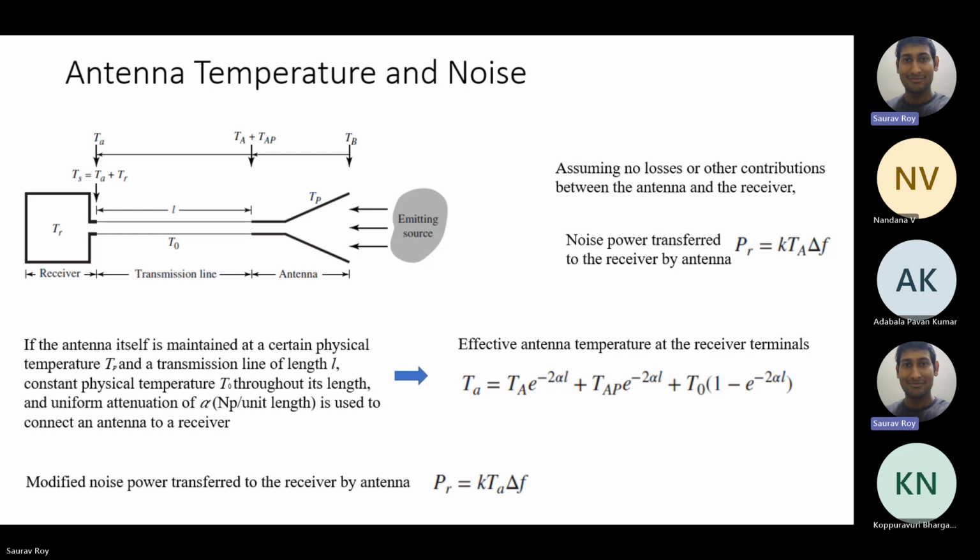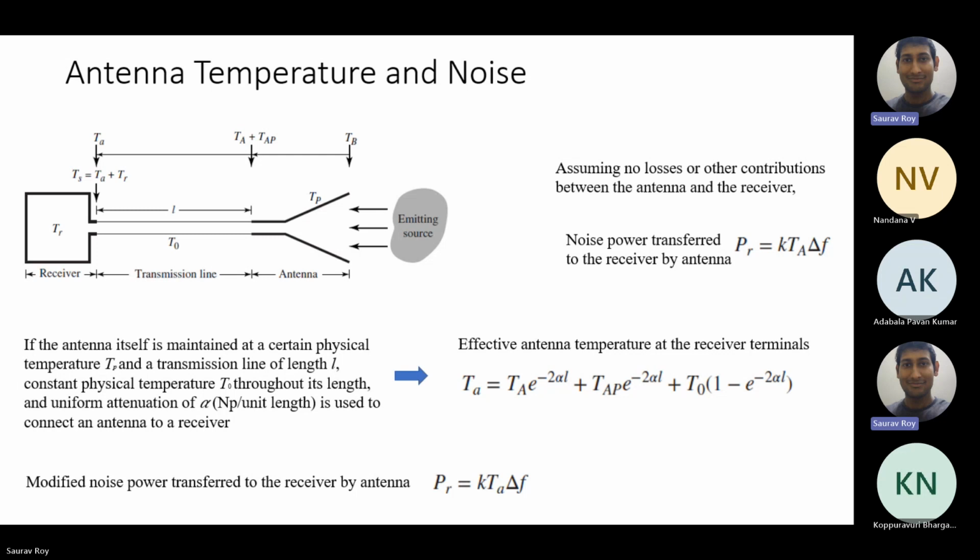Note here, the temperature is not at the antenna terminal, but at the receiver terminal. That is the temperature the receiver sees as it looks to the antenna. So the modified noise power transferred to the receiver is given by PR equals KTA del F, where TA is calculated by this formula and del F is the antenna bandwidth.